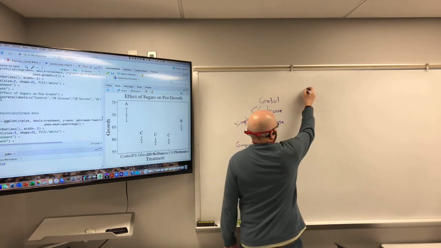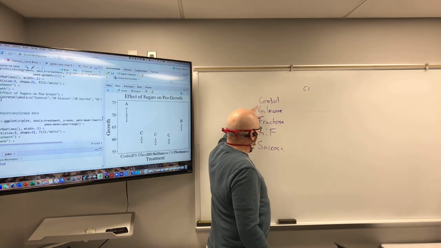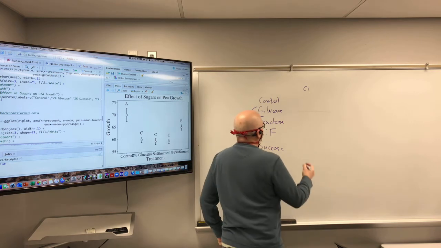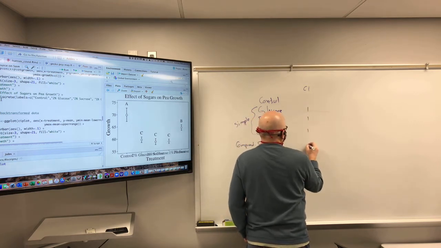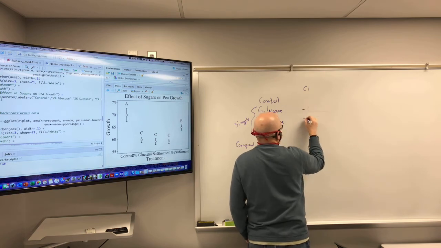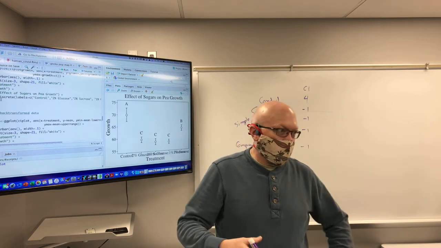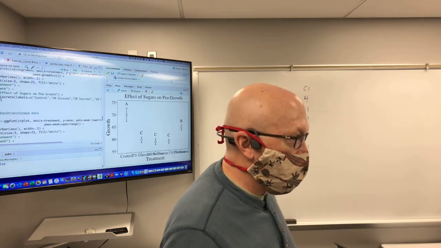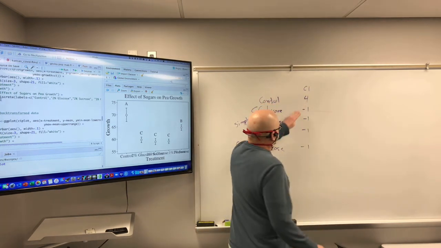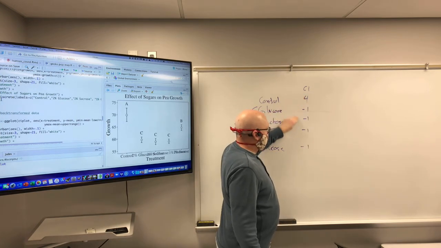So one of the contrasts that we might want to make is to compare control to everything else. In which case there's 1, 2, 3, 4 of those, and there is one of these. Remember that when you're setting up contrasts, they have to sum to 0. This is one treatment, and these are other treatments.